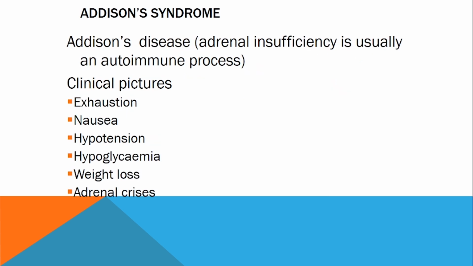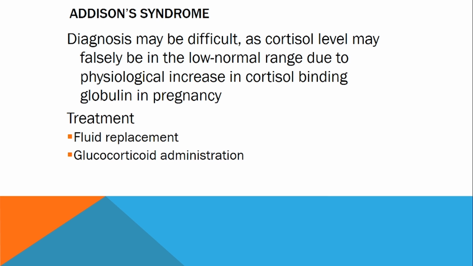Addison's disease, otherwise known as adrenal insufficiency, is usually as a result of an autoimmune process. And what are the clinical features? Feelings of exhaustion, nausea, hypotension, hypoglycemia, weight loss, adrenal crisis.